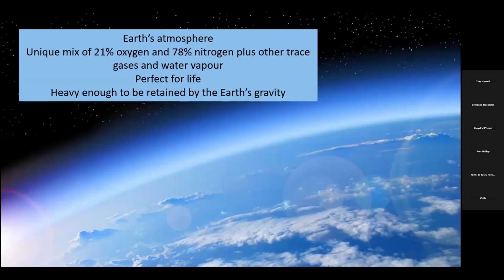Okay, so just a few more facts. Earth's atmosphere. We talked about it earlier: 21% oxygen, 78% nitrogen, other trace gases and things like that. Very quickly, as a bit of a sidebar, nitrogen is so vital for plant life.